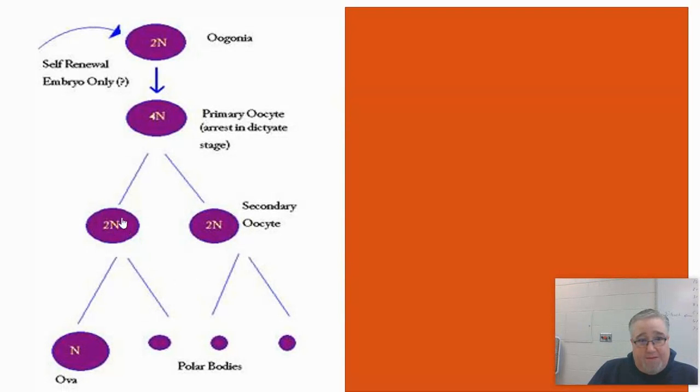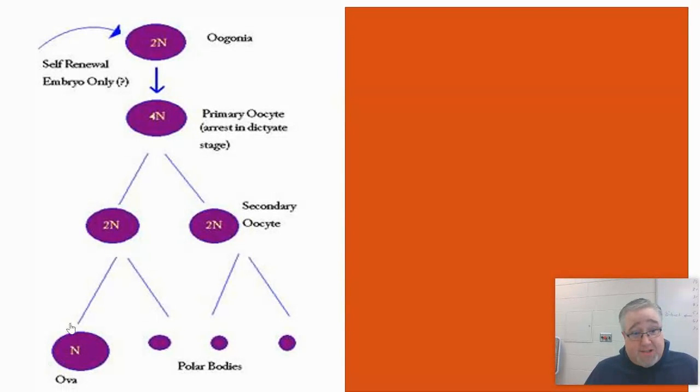This secondary oocyte, when it splits, it forms something called an ova. An ova is a mature egg. It will be one of your egg cells, girls. And egg cells are the cell that can get fertilized during reproduction.